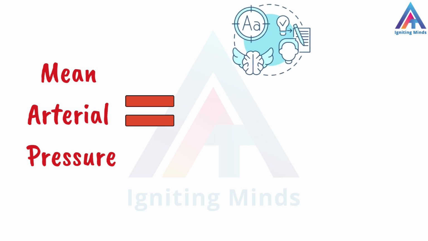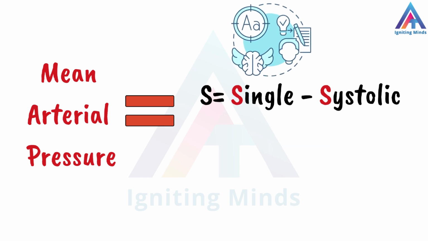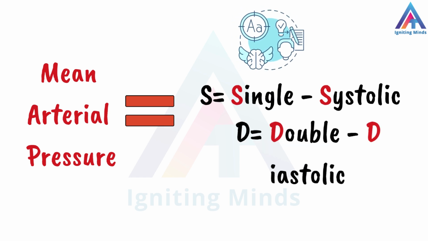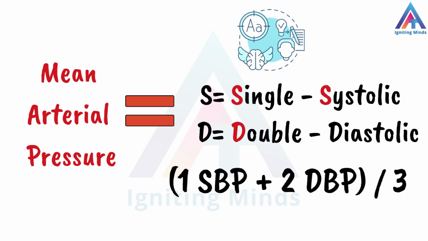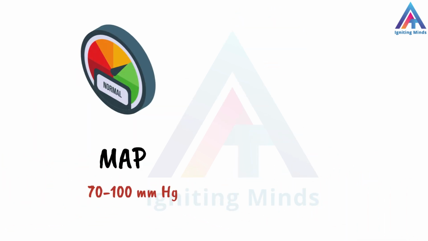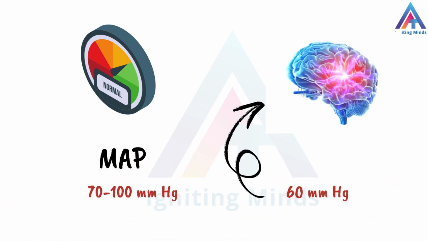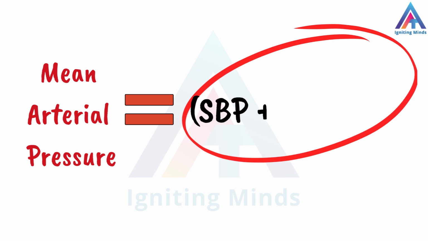A simple way to remember this is S for single, also representing systolic, D for double, also representing diastolic. So single times systolic blood pressure plus double times diastolic blood pressure, the whole divided by 3 gives your MAP. Normal MAP is around 70 to 100 millimeters of mercury, and a MAP of at least 60 millimeters of mercury is necessary for adequate cerebral perfusion.